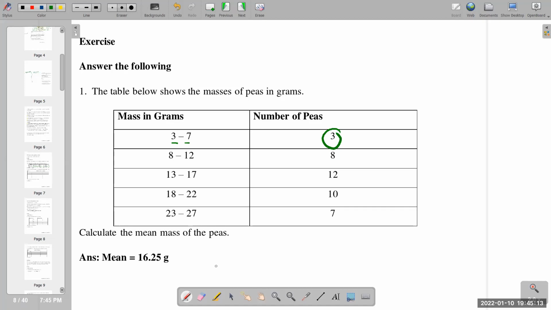That's what grouped data means. Instead of saying 1 gram, 2 gram, 3 gram, 4 gram, they represented the information as a range from 3 to 7. So that means 3 peas weigh between 3 to 7 grams. Everybody see that? 8 peas weigh between what? 8 grams and 12 grams. You fall inside this category. So it's almost like a category.